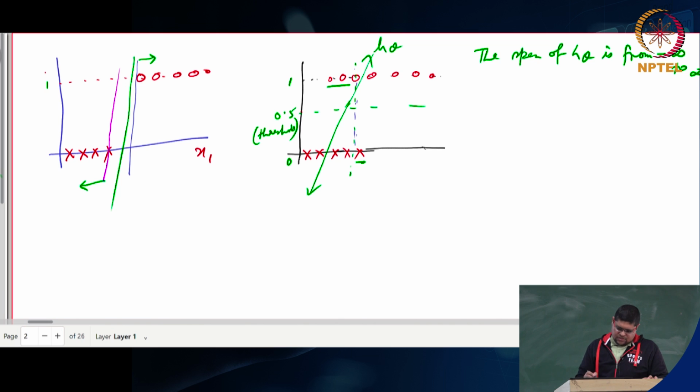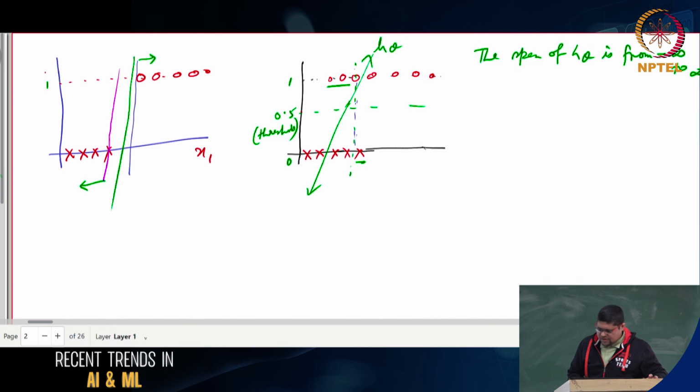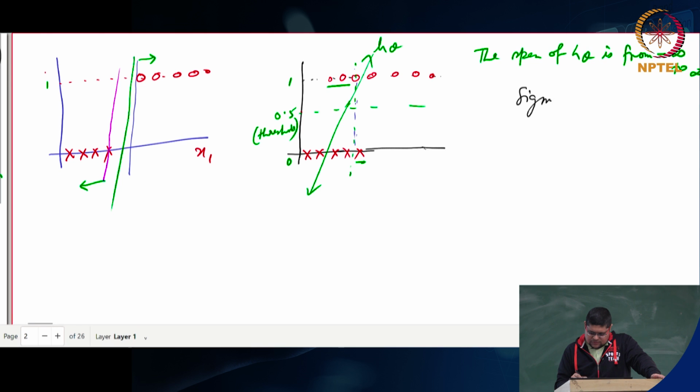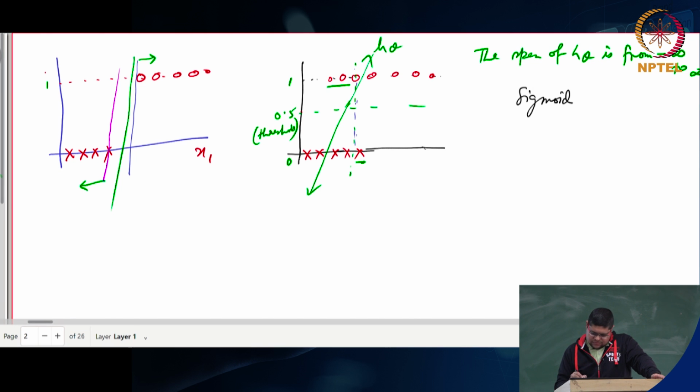So what I will do and which line I will choose, that is a bigger question. For that reason, we need to know some existing functionality, that we will learn now: the sigmoid.